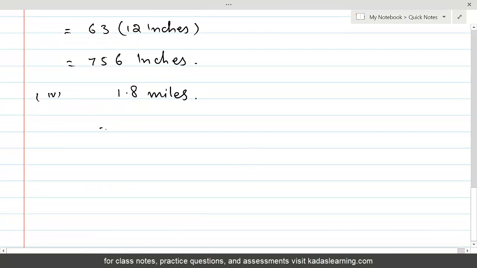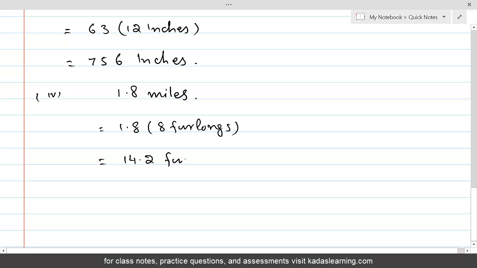So this will be equal to 1.8, and this time we are going to convert miles into furlongs. So this will be furlongs, and 1.8 times 8 would be equal to 14.2 furlongs.